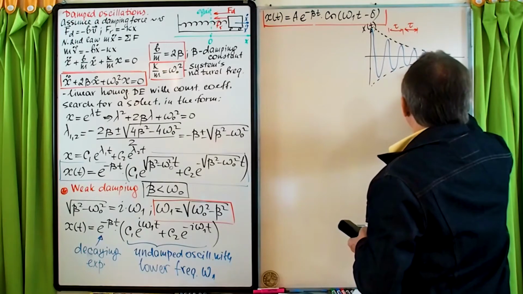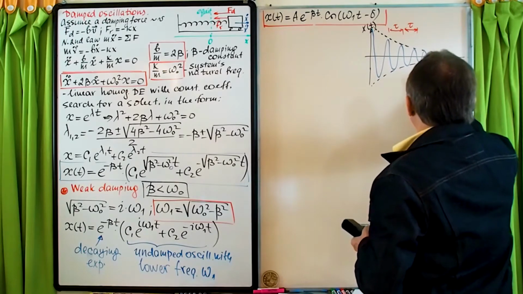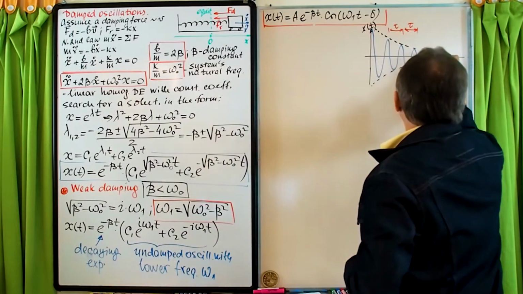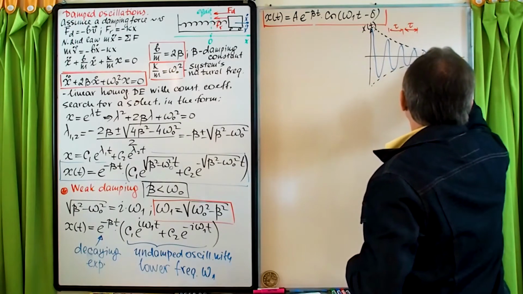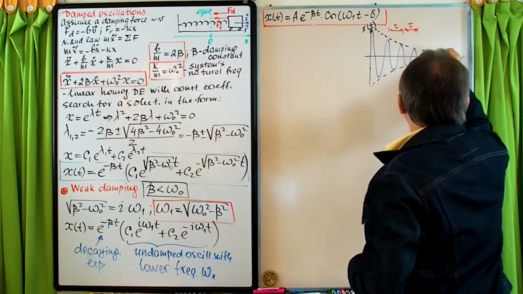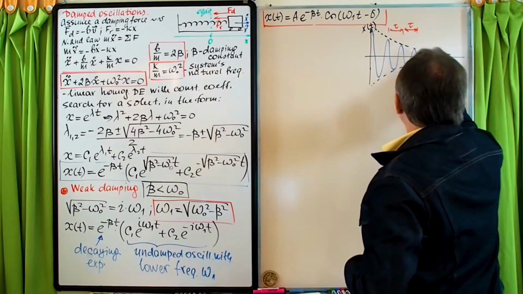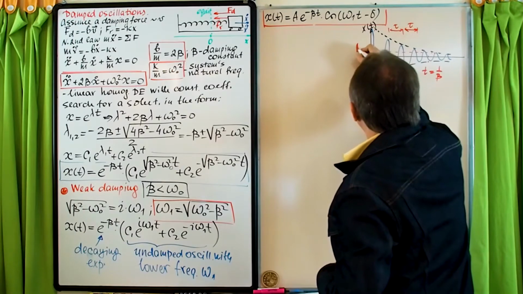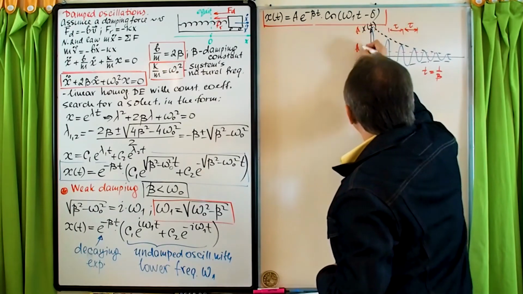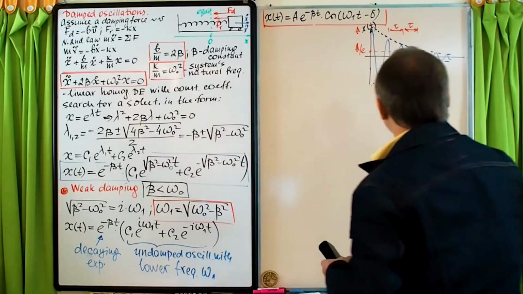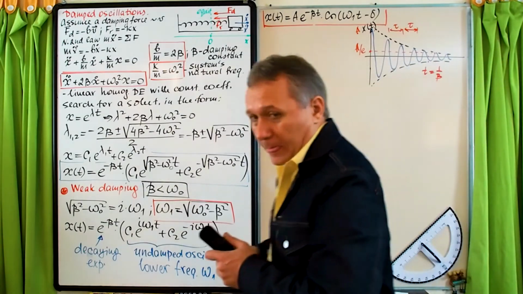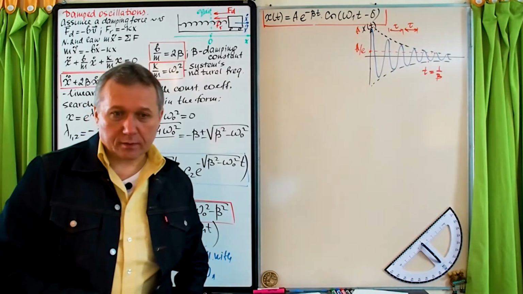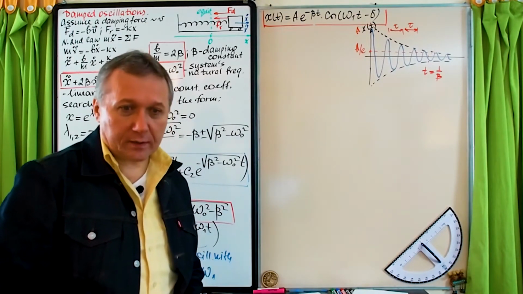So this is t equals 1 over beta, and how do I label it? Let me draw it here. At that moment of time, let's say this is the amplitude, over here it's the amplitude over e. And obviously, which parameter describes the decay rate?